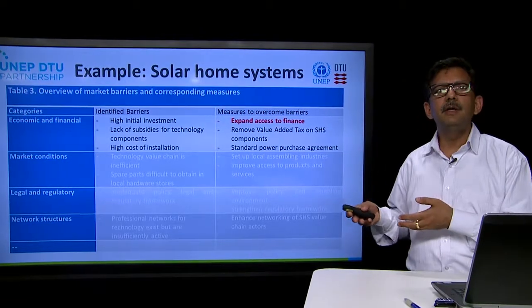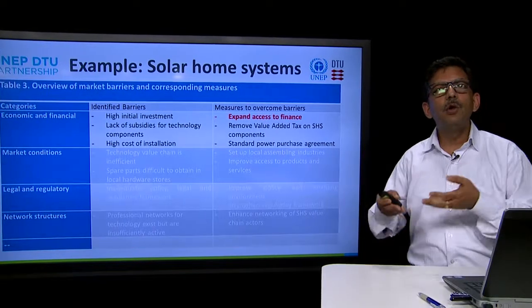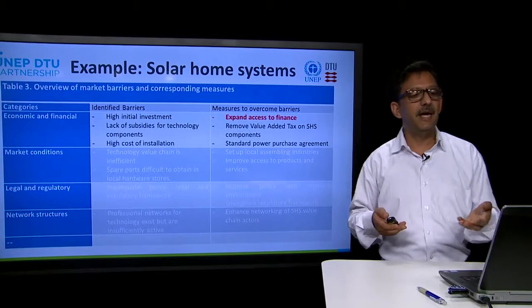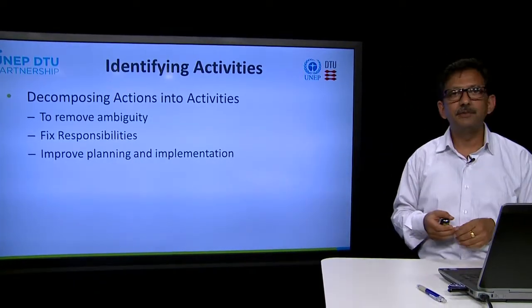Similarly, the third major is objected to by the utilities. As a result, only one of the majors is taken forward in the TAP, and that is highlighted in red color: expanding access to finance.